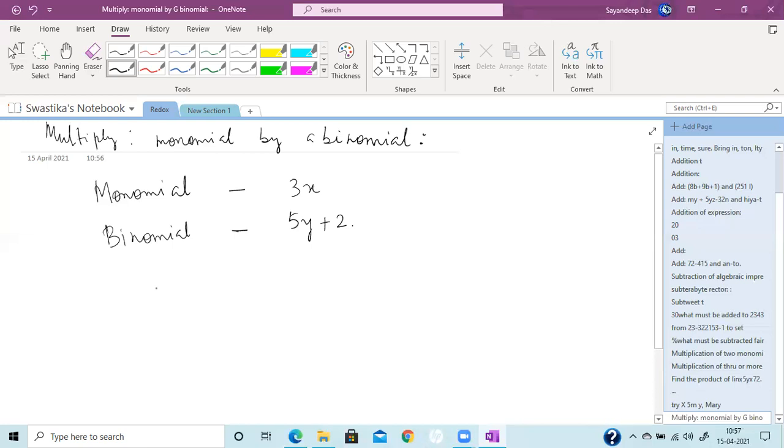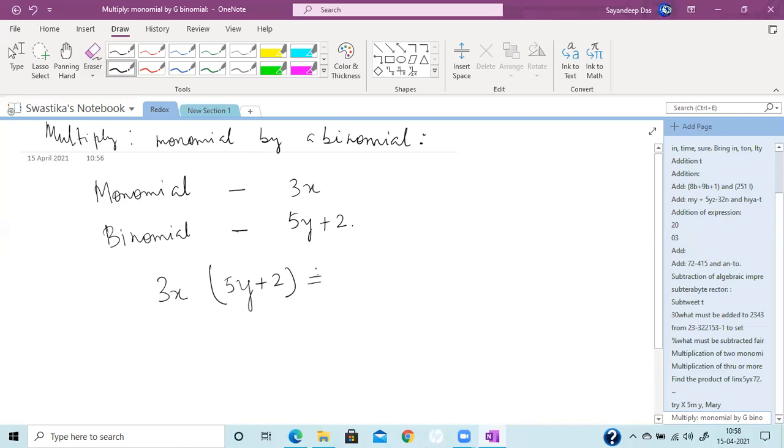That means you must write the problem as 3x into 5y plus 2. Okay, so your problem is this, that you multiply this 3x into 5y plus 2. Now how to do it?